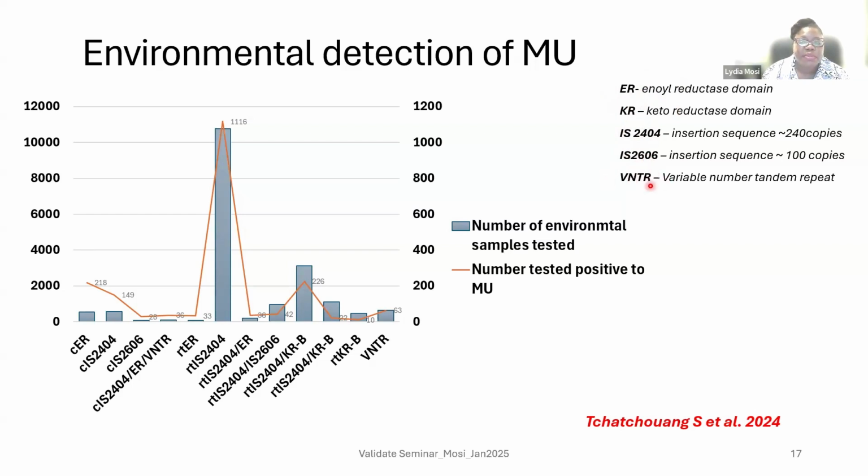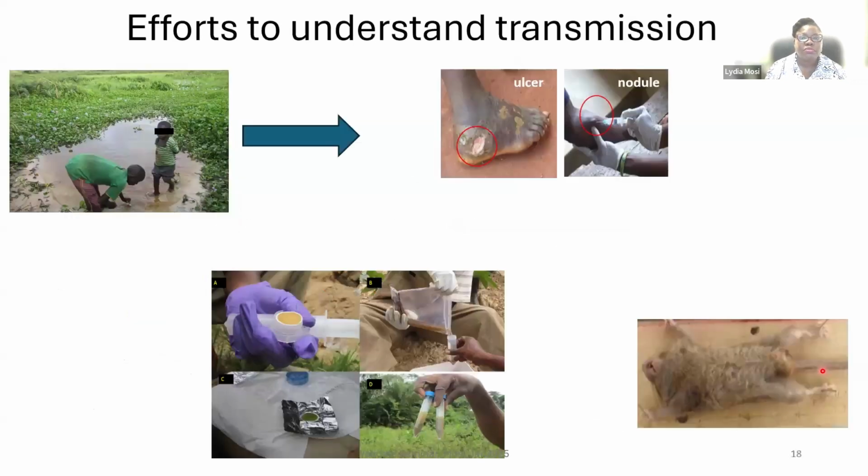Variable number tandem repeat typing has also been very useful in differentiating between the strains that we find in these environmental isolates. But what is evident is that IS2404 is the marker which most research groups use.